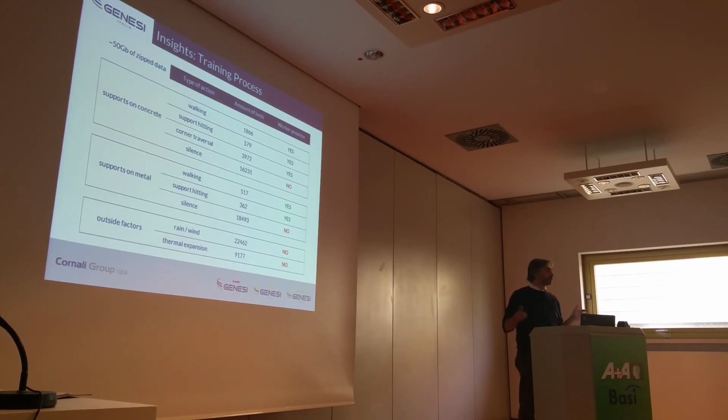Silence is easy because you just leave it there to record. And then we collected outside factors such as rain, wind, and thermal expansion in the early morning and late afternoon. Because thermal expansion generates vibrations along the lifeline which in a first stage are very similar to the vibrations generated by the carabiner moving very far from the accelerometer.